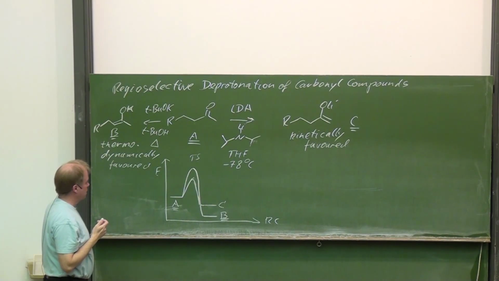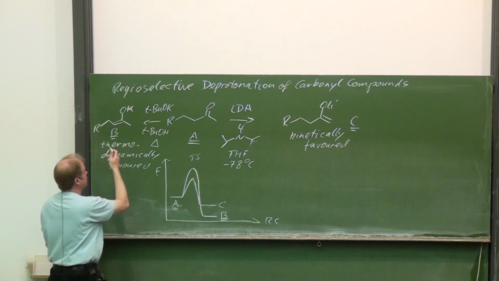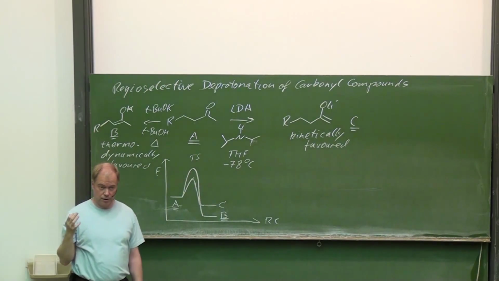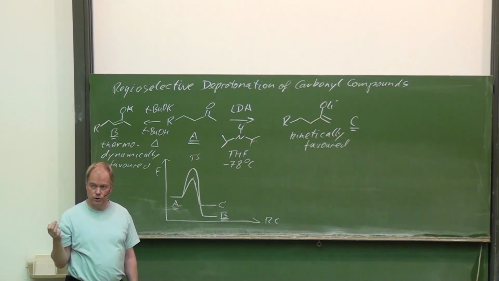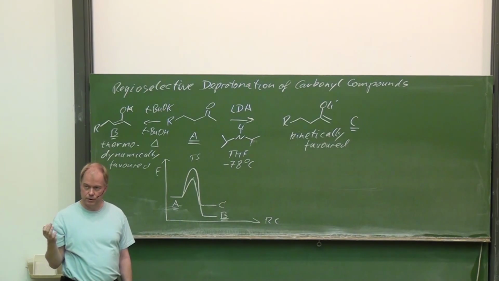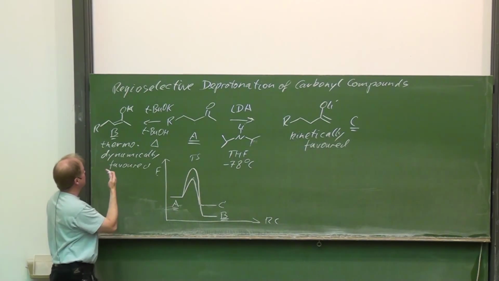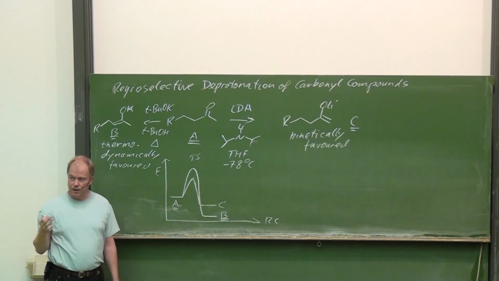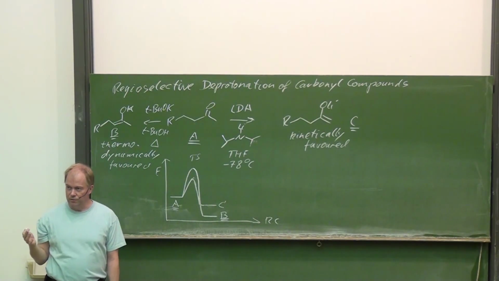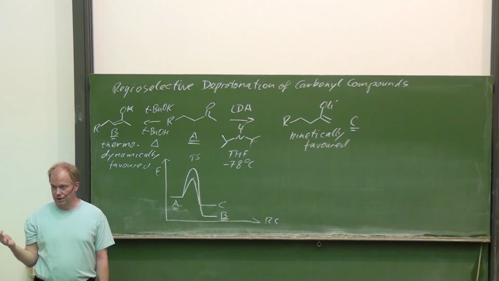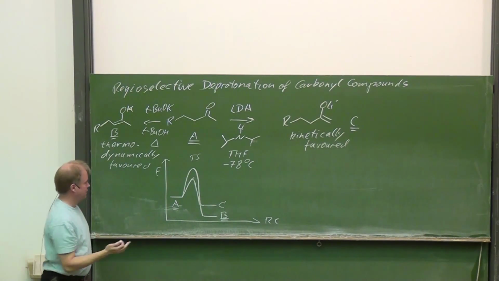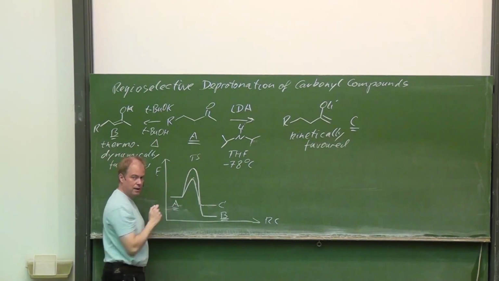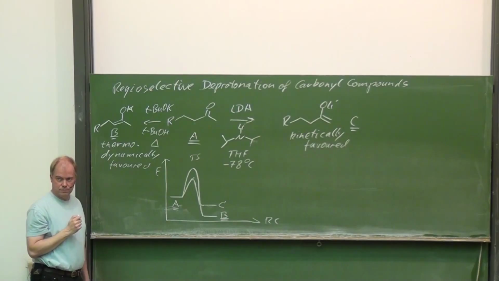On the other hand, this base, potassium t-butoxide, is also a somewhat sterically hindered base. But we operate in this case at higher temperature, and at higher temperature we have enough energy in our reaction flask that we can easily get across that somewhat higher energy barrier.